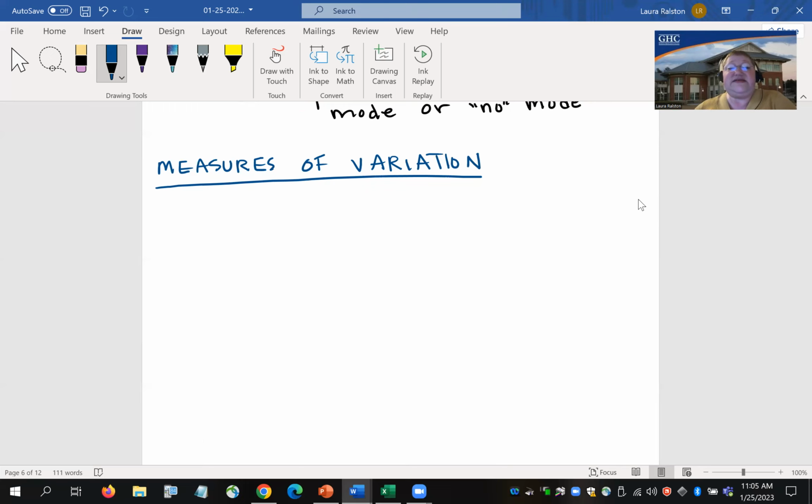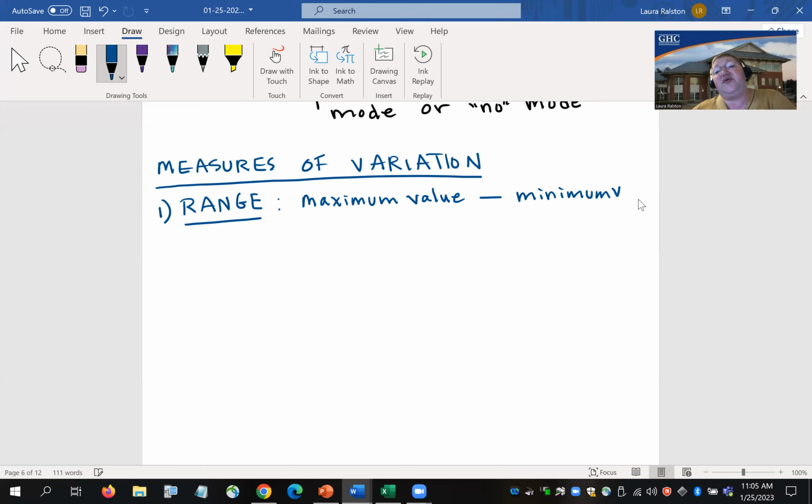And there are three of these. The first measure of variation is the range. That's probably one of the measures that you've heard of before. The range is simply the maximum value minus the minimum value. It's a very quick, easy calculation to give you an idea of the spread.